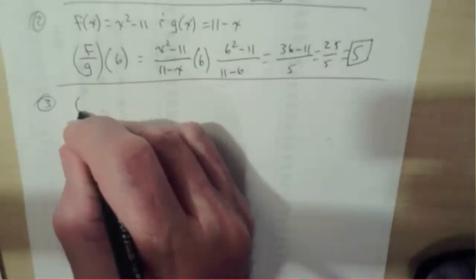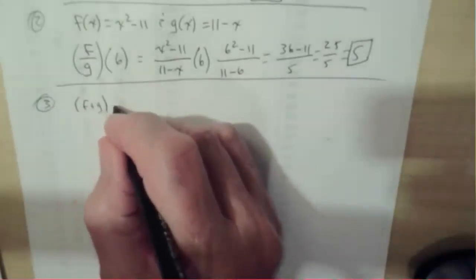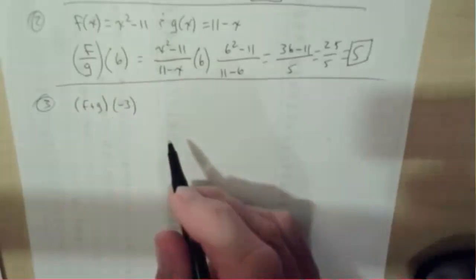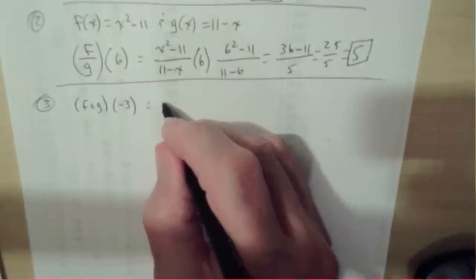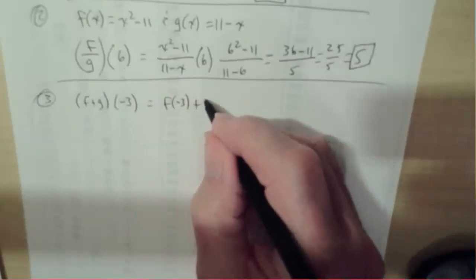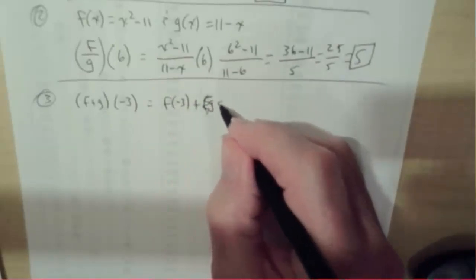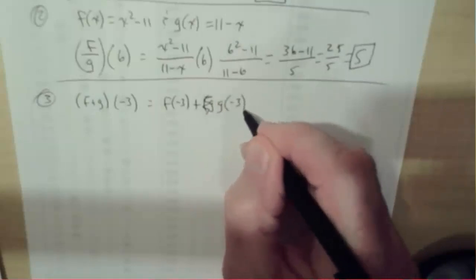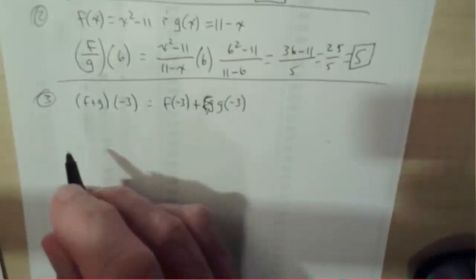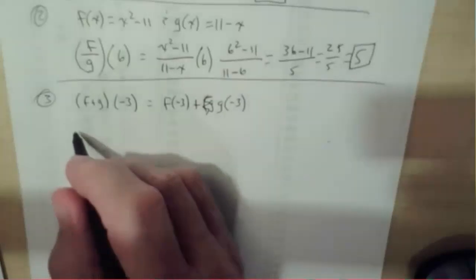If we have f plus g of negative 3, so we have f of negative 3 plus g of negative 3.